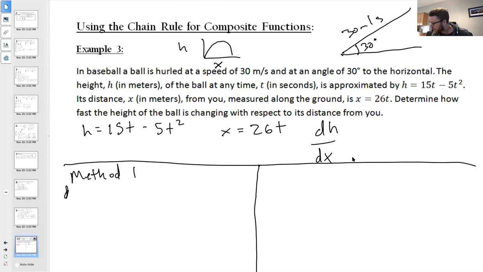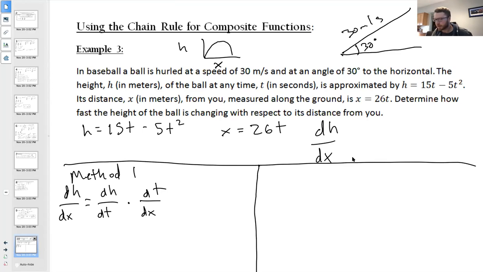So the derivative of h with respect to x is equal to the derivative of h with respect to time multiplied by the derivative of time with respect to x.